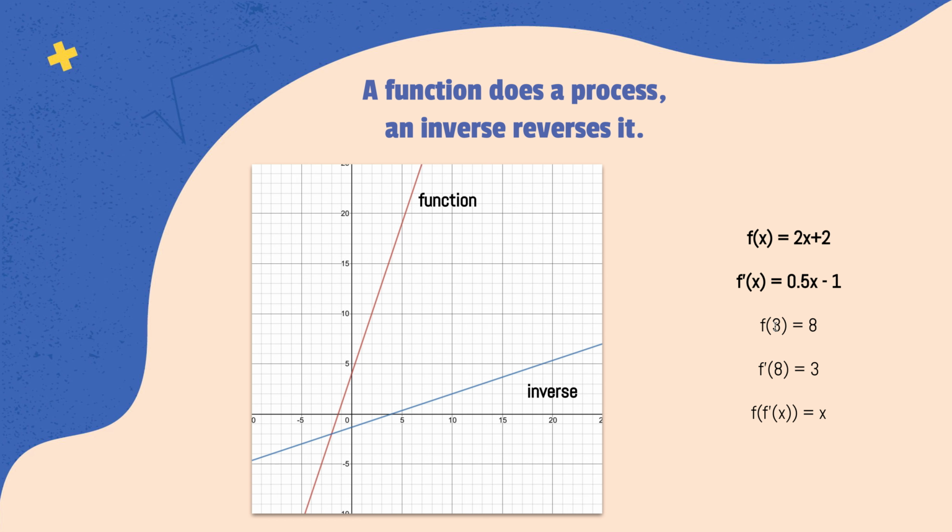So as you can see, the input is 3 and the output is 8 for the function. For the inverse, it inverses. The input is 8 and the output is 3.